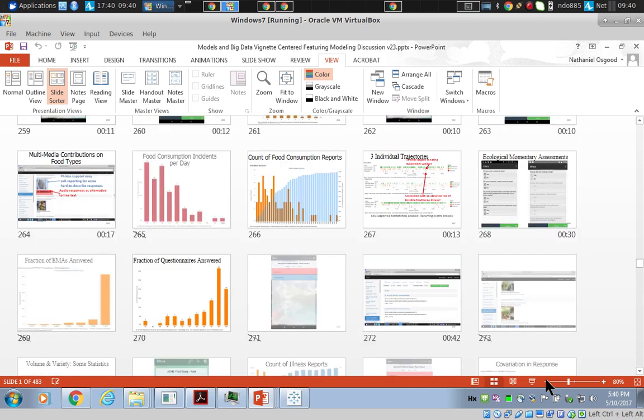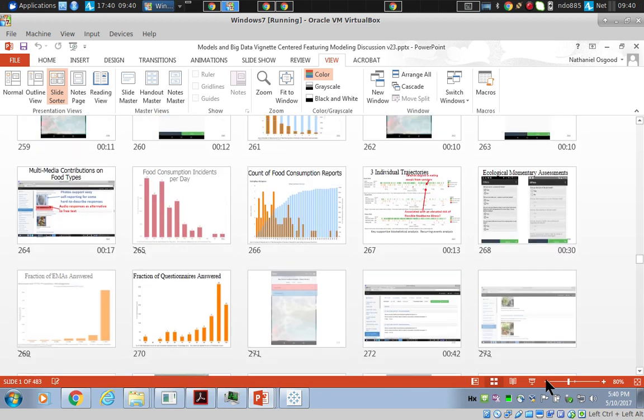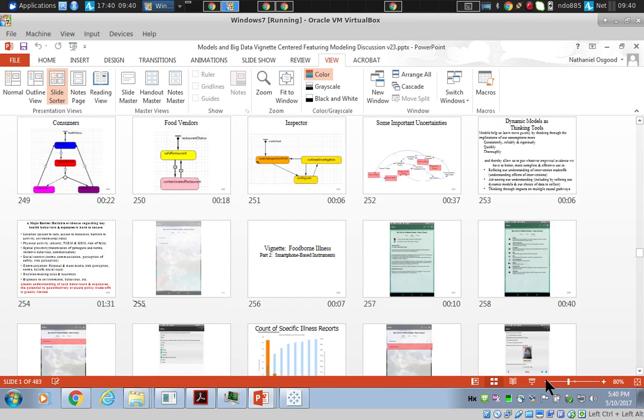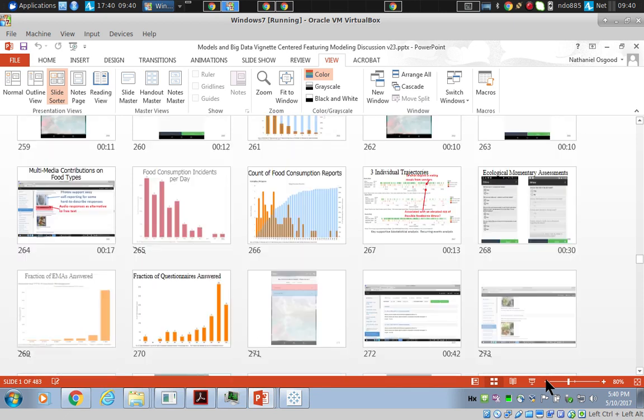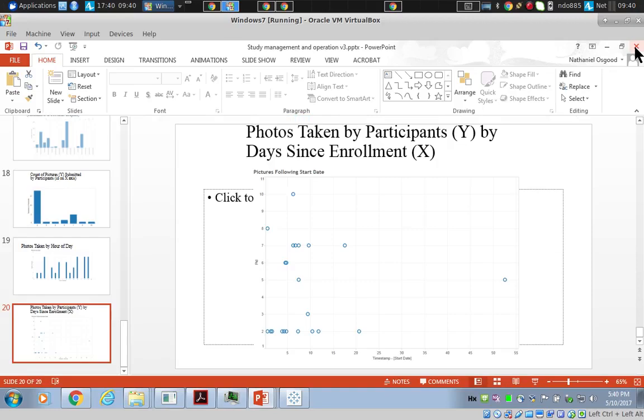Someone might be really good at submitting the proactive things, but not very good at answering EMAs, and vice versa. Why that is, what psychologically factors into that, I'm not fully sure. It's a pattern that we've observed, that there's not one size fits all in terms of what a good participant is, compliant participant or what have you.